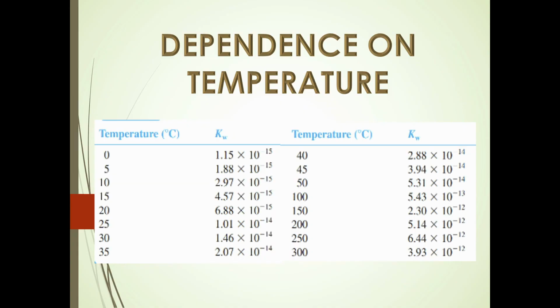I'm getting more and more H plus and OH minus. So at the boiling point, I've gone from 1 times 10 to the minus 14 to 5.4 times 10 to the minus 13. So I've gone up by a factor of about 50. Whereas going from 25 down to 0, I've gone down by about a factor of 10.